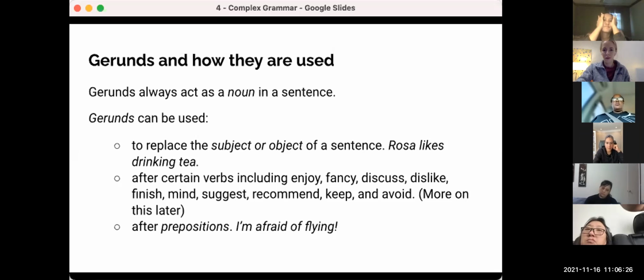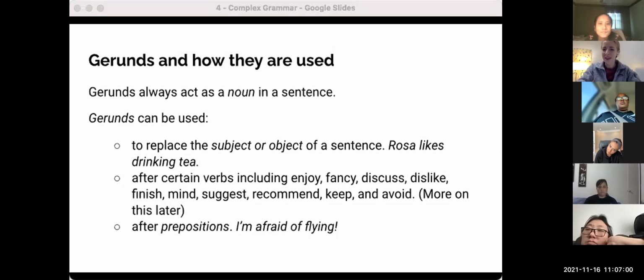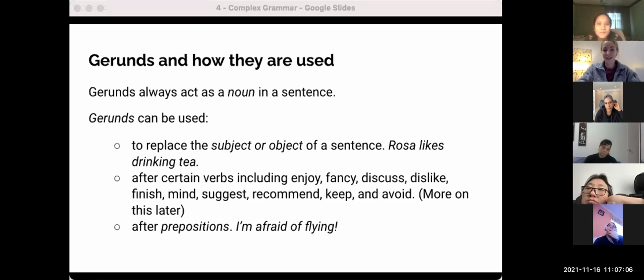All right, I think we're all back now. So we've been talking about gerunds. Gerunds are always nouns in the sentence. Nouns can show up at different places in the sentence. We usually think about nouns as the subject or object of the verb of the sentence.